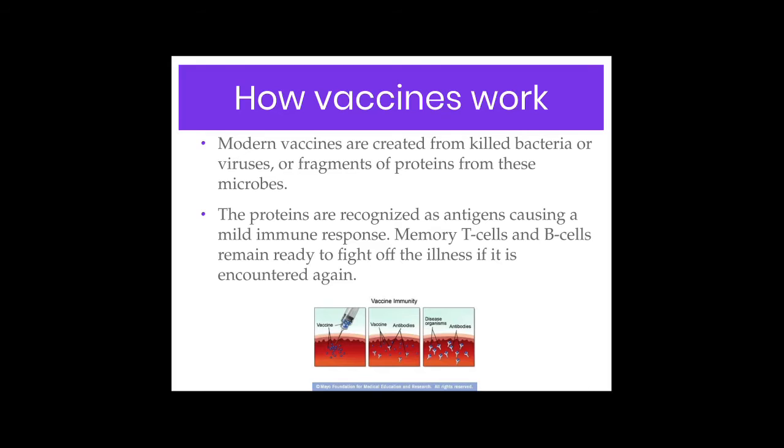If you give a small little bit of these bacteria or virus, it allows our immune system to fight it off easily, and then it's going to create those memory T and B cells to be able to fight it again when we encounter it. So basically it gives us that immunity that we know of.